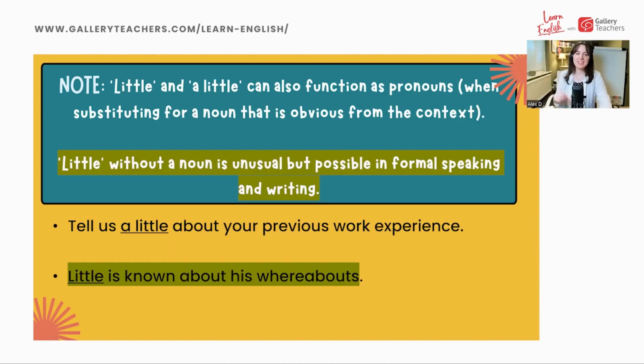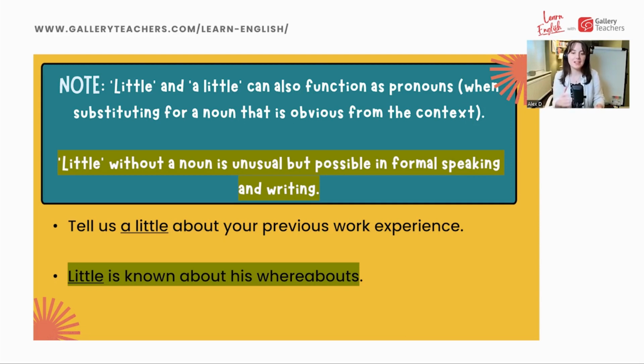One more note, little and a little can also function as pronouns when substituting for a noun that is obvious from the context. Okay. Little without a noun is unusual but possible in formal speaking and writing. So for the first point about functioning as a pronoun, example, tell us a little about your previous work experience, meaning tell us information, right?